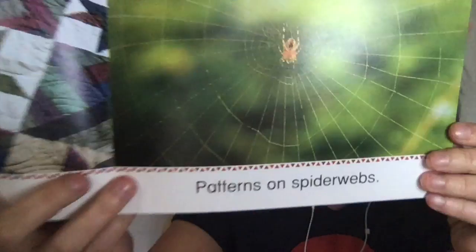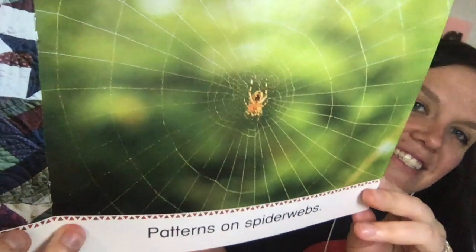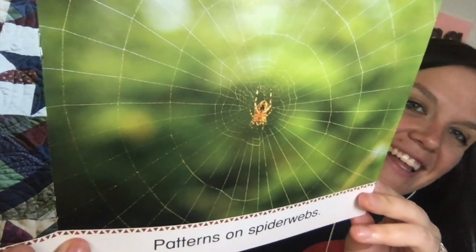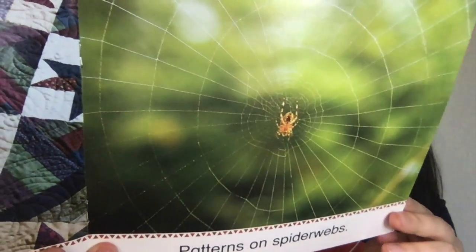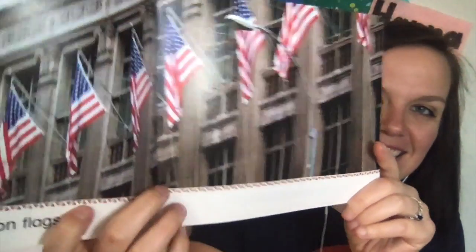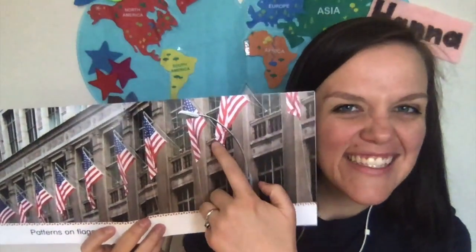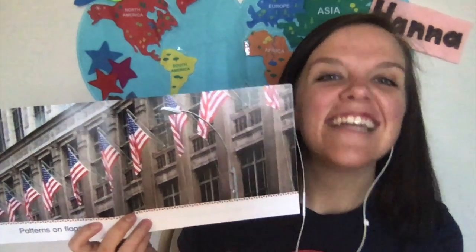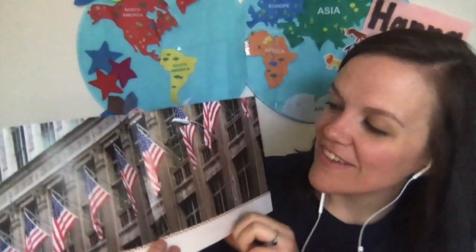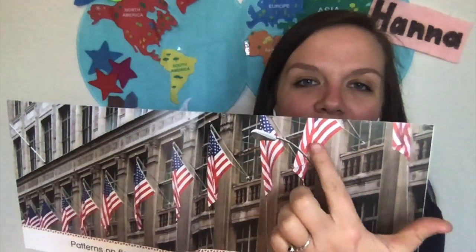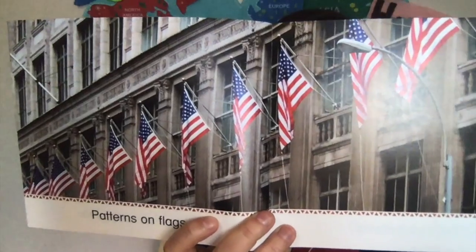Patterns on spider webs. Do you see the pattern here? Pretty neat. And patterns on flags. Do you know whose flag this is? It's our flag. It's the American flag. And it has a red, white, red, white, red, white pattern. And the stars make a pattern as well.